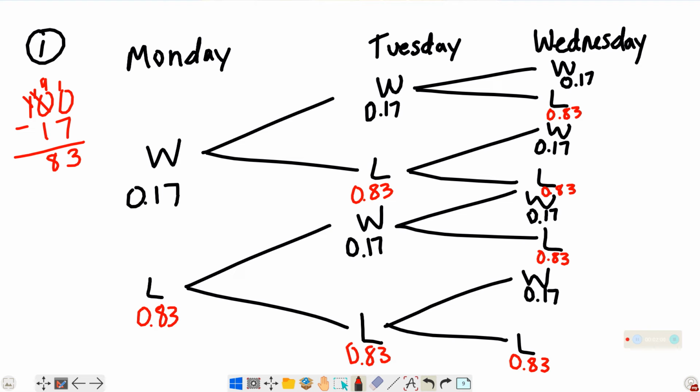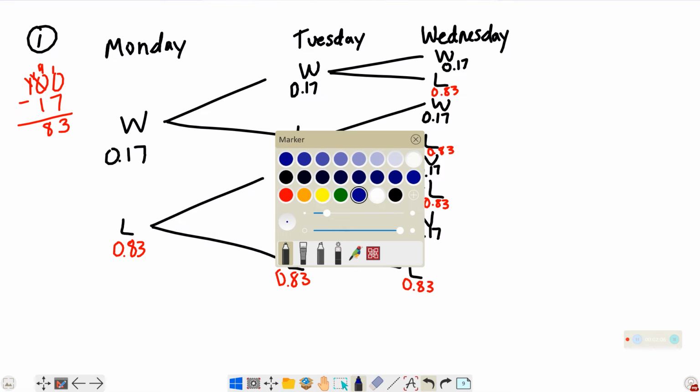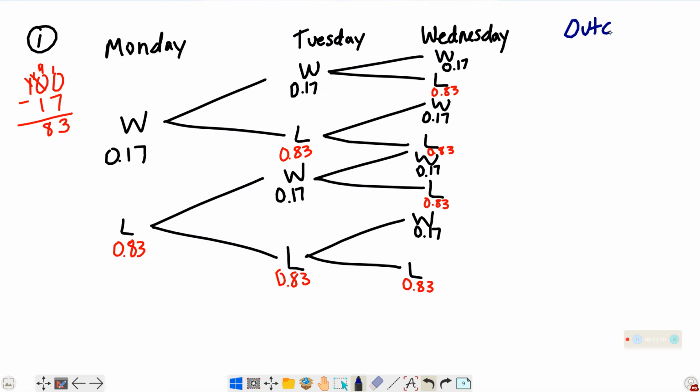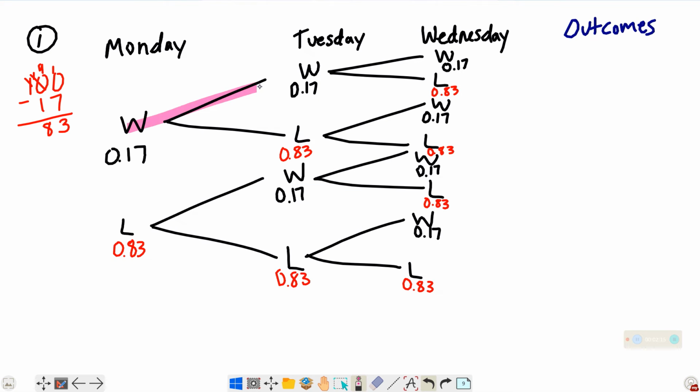We got them all. Then we are going to list our possible outcomes. Remember, the outcomes move along the branches. So win, win, win. Win, win, lose. Win, lose, win.